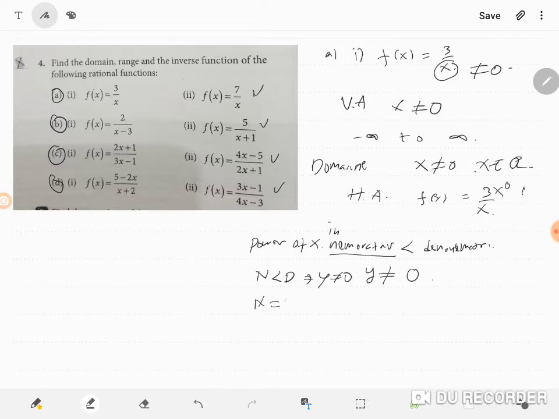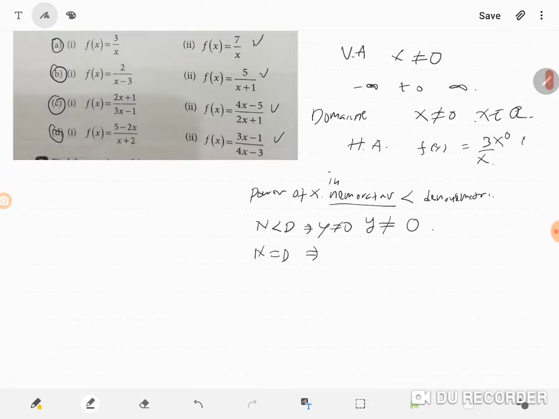When n equals d, for example when you have 3x over 2x, the horizontal asymptote is the ratio of the coefficients, 3 over 2, numerator over denominator for y.